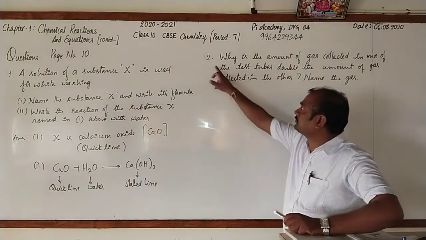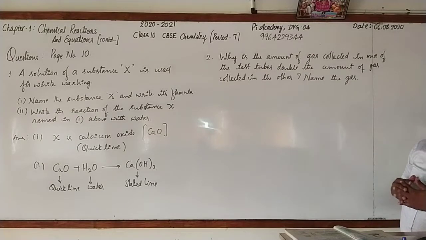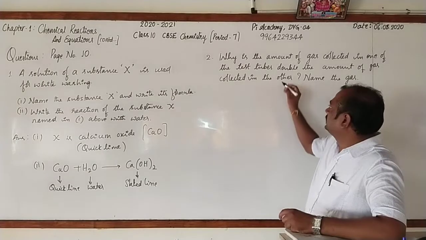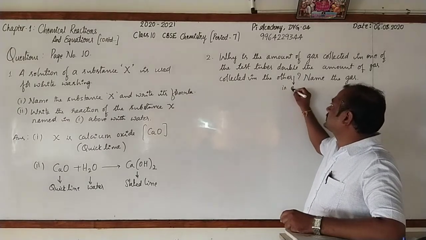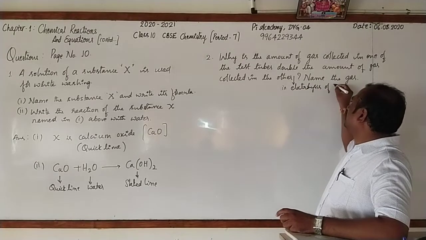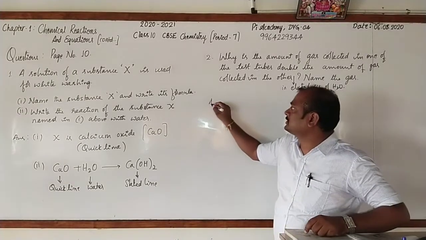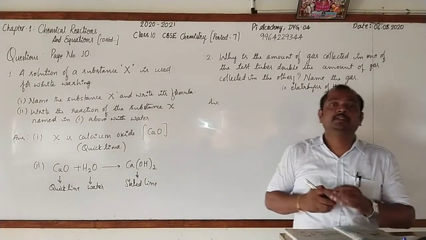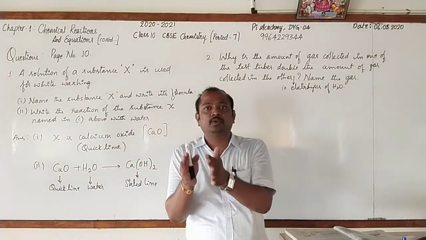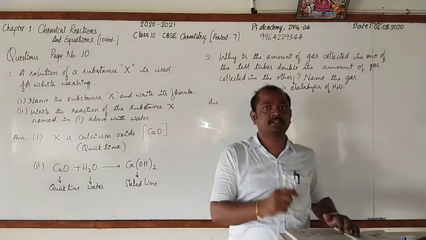Now, let's move on to the second question. Observe this. Why is the amount of gas collected in one of the test tubes double the amount of gas collected in the other? In which process? It is in electrolysis, right? Electrolysis of water, is it not? And name the gas. Dear students, you all know that in the electrolysis of water, water gets split up into hydrogen and oxygen by passing electricity, is it not?